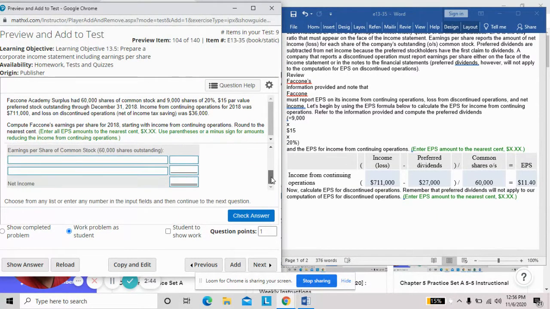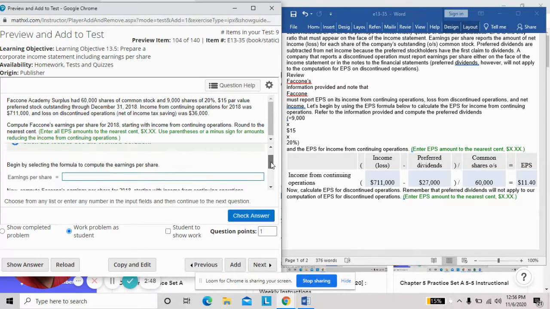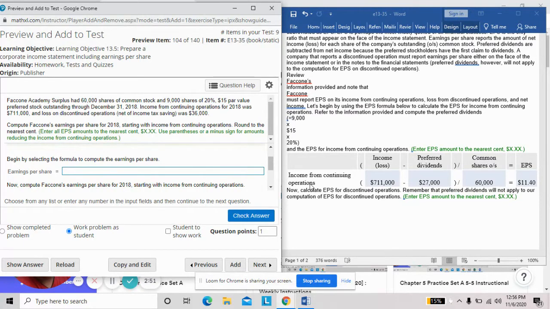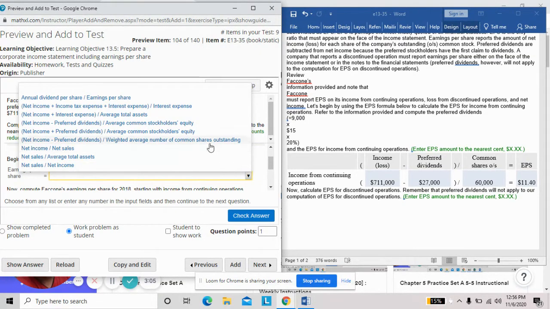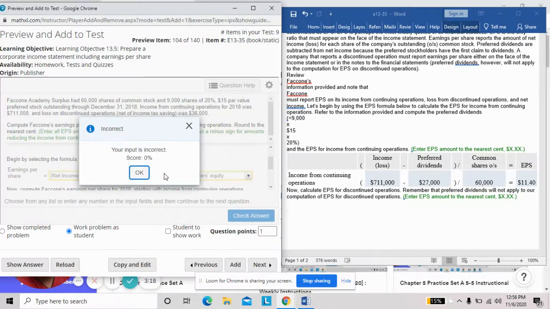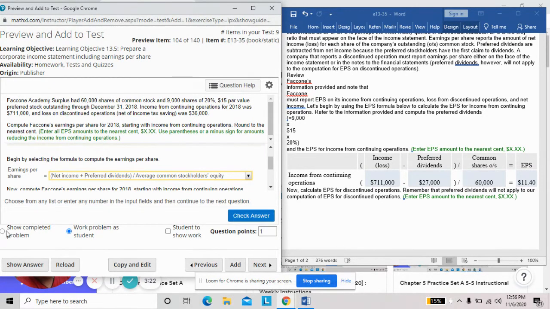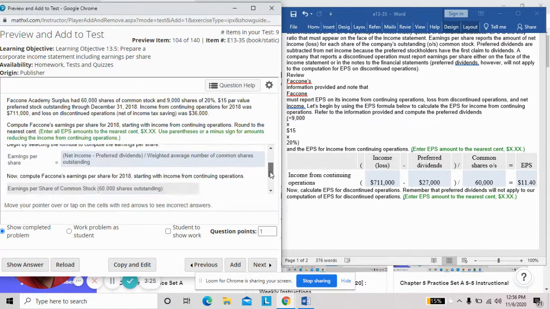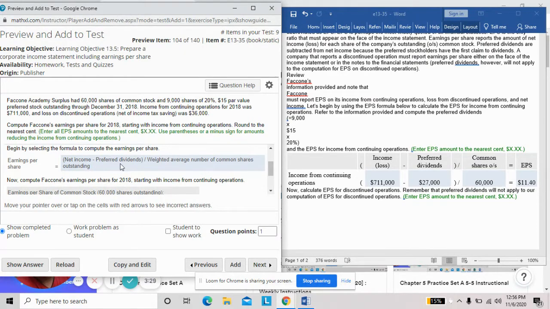If I were to look at my formula for finding the EPS, it's income from continuing operations, the income or loss minus the preferred dividends, divided by the common shares outstanding. So the earnings per share will be net income minus preferred dividends divided by the weighted average number of common shares outstanding.